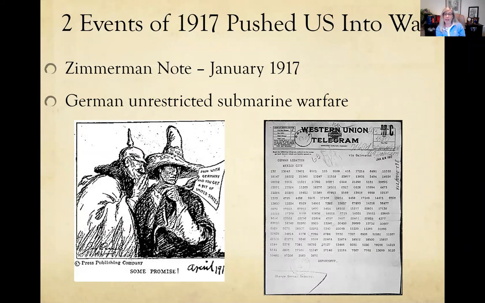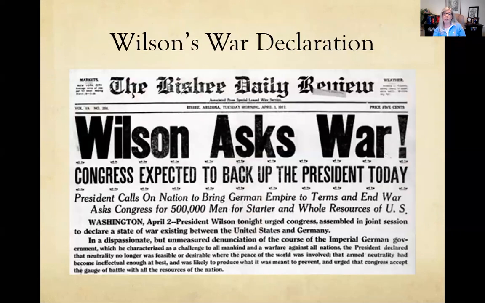And when they're plotting against the United States, that's going to turn the tide, and Wilson will at that point declare war. Also Germany breaks the Sussex Pledge and they resume submarine warfare, where they start going after our merchant ships in the Atlantic. So those two events will push us into the war declaration, which he gets.